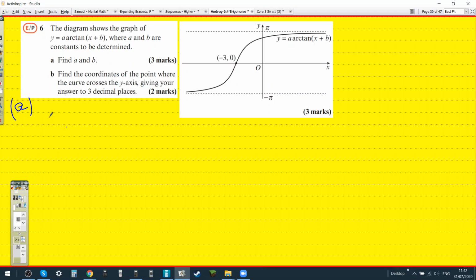Oh no, would I need to sub in minus 3 and 0? So that was my thinking. Okay. y equals a arctan minus 3 plus b. Okay, what next? So.